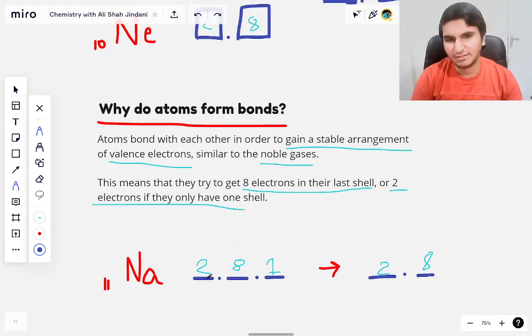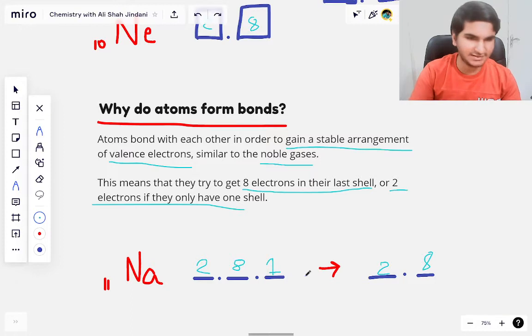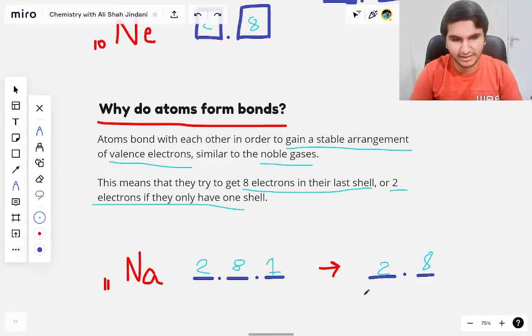This is basically why we are doing that, because obviously gaining 7 electrons is not an easy task. In the case of chlorine, it had to gain only 1 electron, which is possible, right? But gaining 7 electrons from another element is almost impossible, and it requires a lot of energy, so it is better to give away this electron, and just one shell automatically disappears.